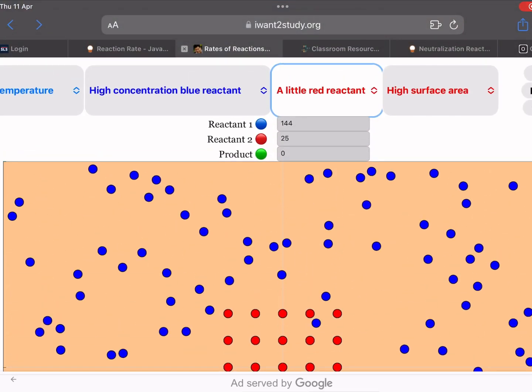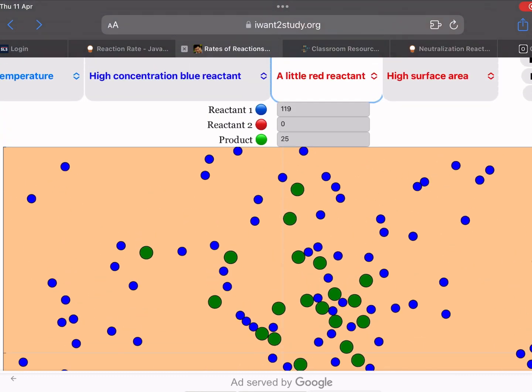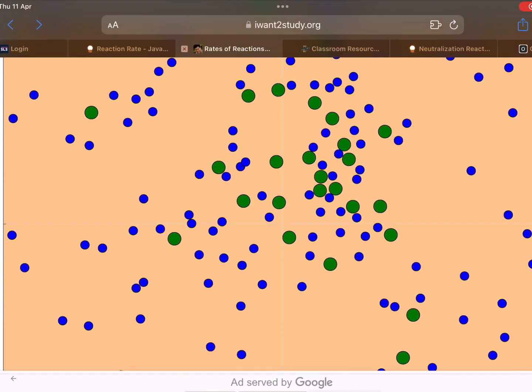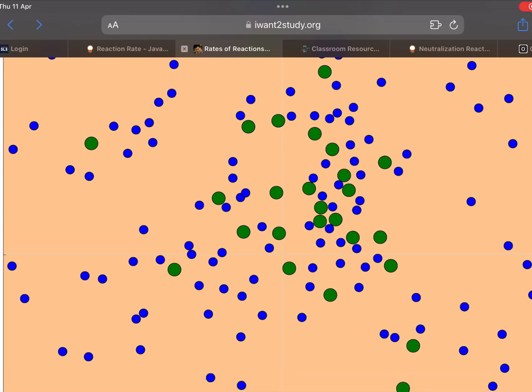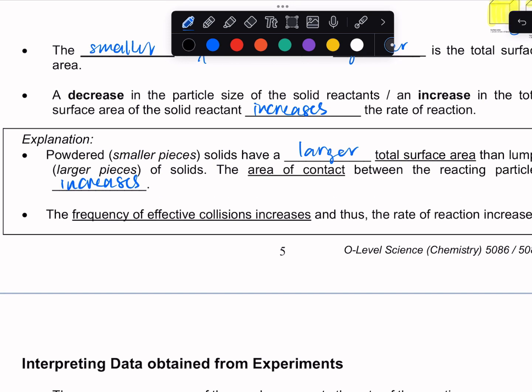Okay, so let's see here. Let's play the simulation. Oh, wow, instant. Okay, it's so fast that I just scroll up and down and then can't see anymore. Okay, so that's how surface area or particle size affects the rate of reaction.